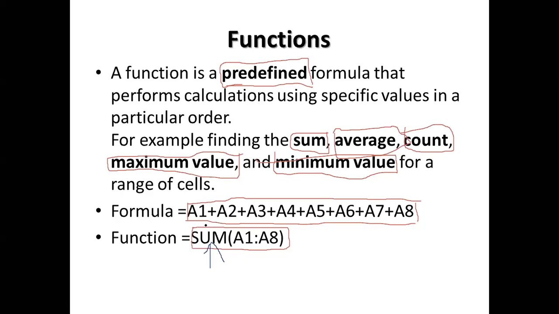Whereas the formula itself goes directly into stating the operands, the function first starts by defining what it is about to attain. It starts by clearly defining the parameters: this is what I want to attain at the end of it.